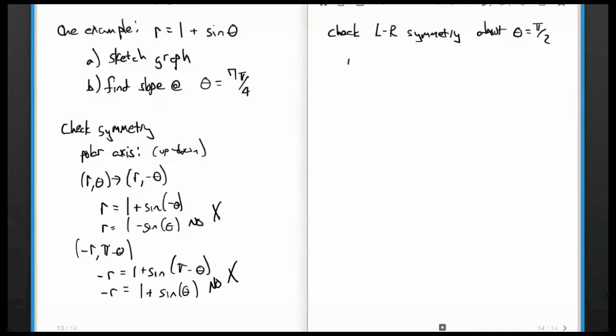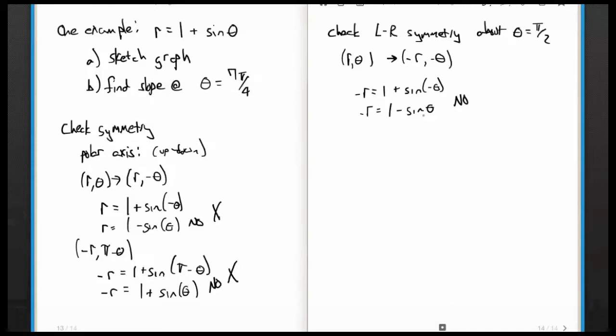So r theta should go to, if it's left-right, negative r, negative theta. Let's plug those in. So negative r equals 1 plus sine of negative theta. That means that negative r equals 1 minus sine theta. So that didn't work either.